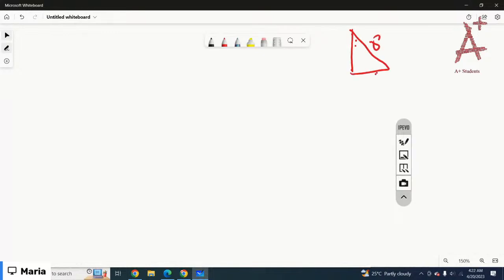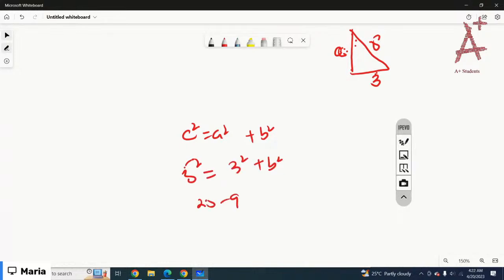You have to calculate this one. So c square equals a square plus b square. 5 square equals 3 square plus b square. So it would be 25 minus 9 equals b square. That would be 16. And then b equals 4. Got it? So the correct option is b equals 4.